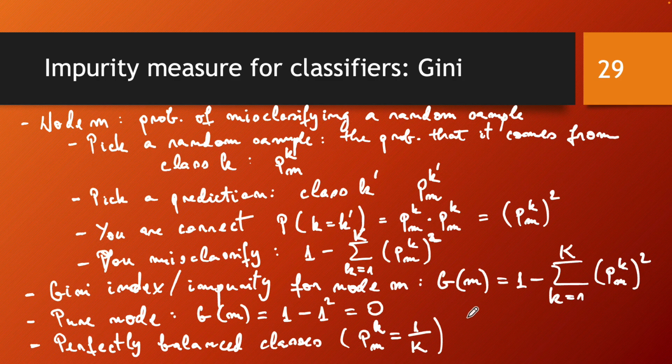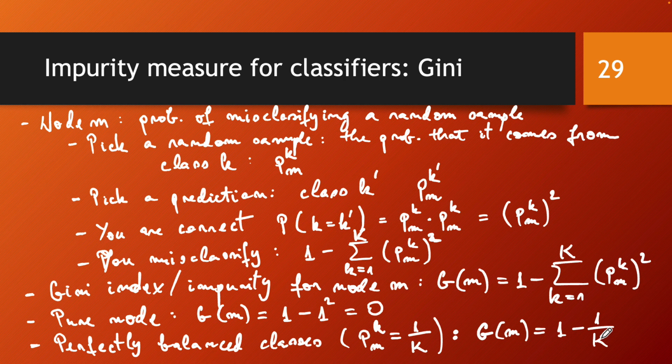So in that case, the Gini index is going to be 1 minus, and you realize that you have 1 over k squared, but there are k terms in that sum, so it's going to be 1 minus 1 over k. And so the Gini index is indeed one of the most popular measures for impurity.